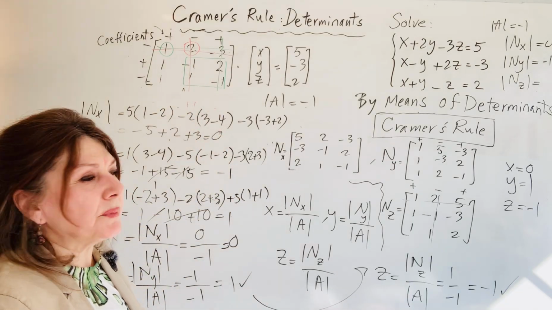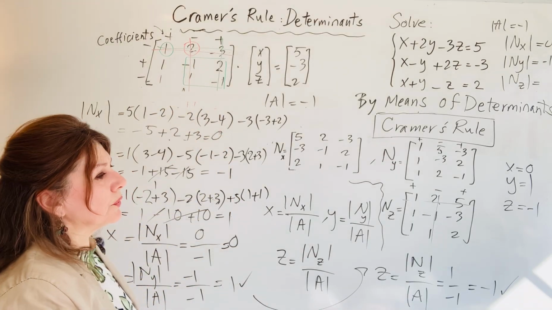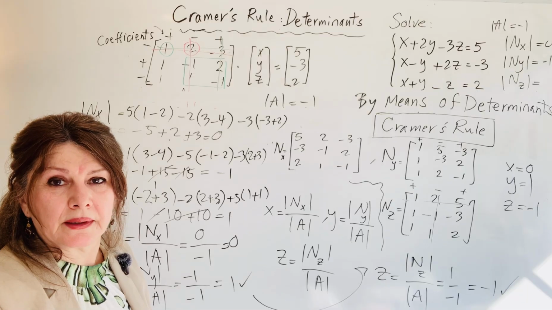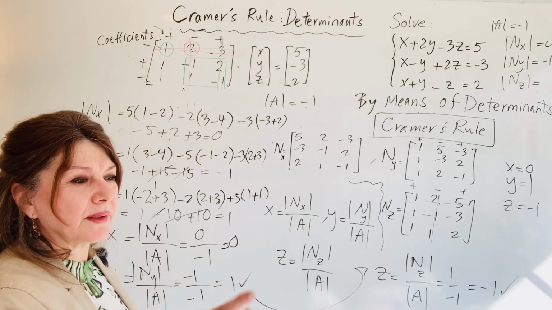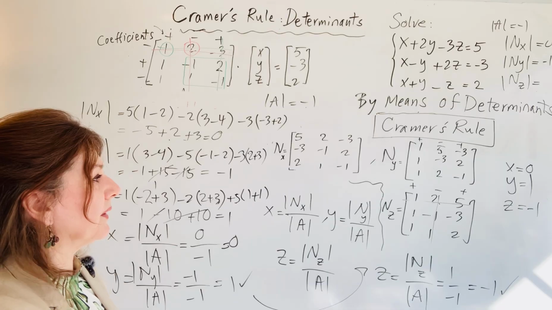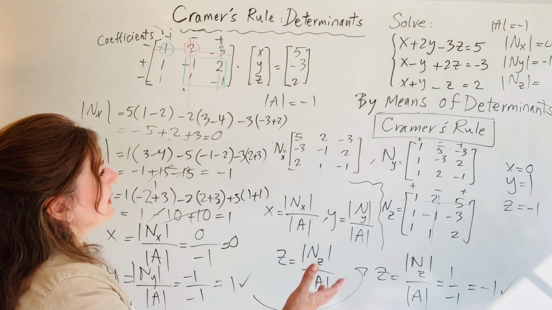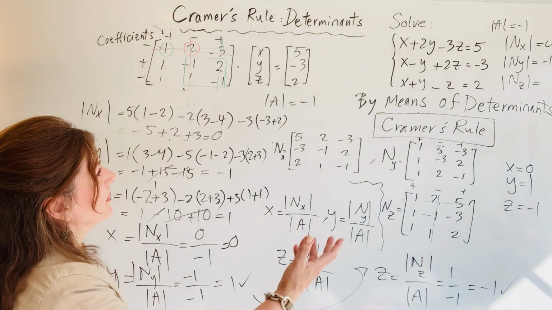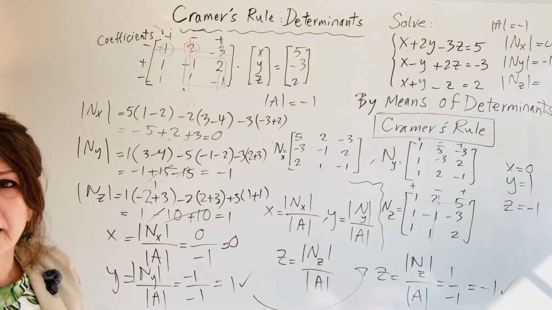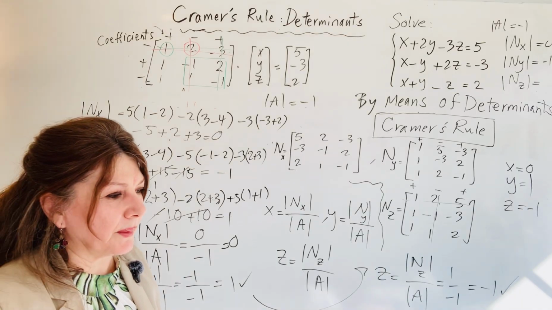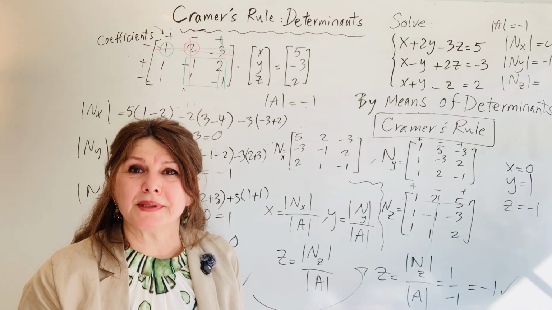When you take a determinant you should have a square matrix, 3 by 3, 2 by 2, 4 by 4. Okay, hope you like this Cramer's rule, and just go and practice on a system of equations 2 by 2, and ask me about your question. Thank you. Have a good day. Bye bye.